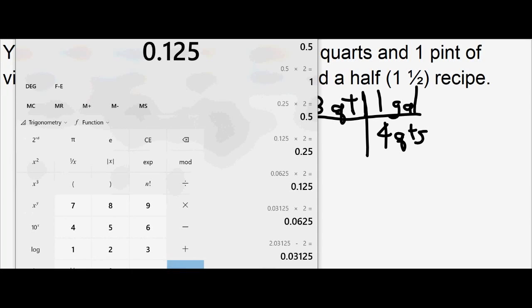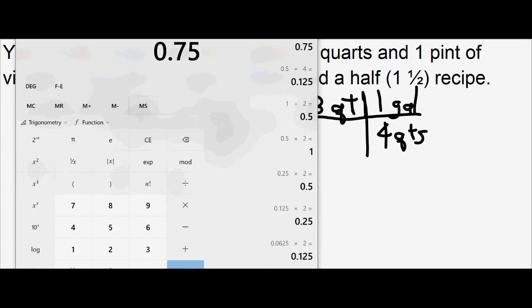I divide by 4. I get 0.125 gallons. I'm going to clear my memory and store that in memory. Now I'm going to take my 3 quarts, and I know I'm going to go to gallons. Quarts actually means quarter, so I have 3/4 of a gallon. I divide by 4. 3 divided by 4 gives me 0.75 gallons.